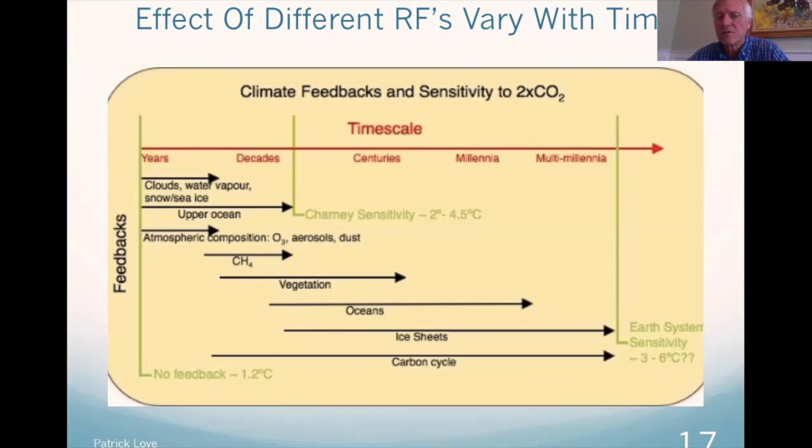Vegetation on the Earth takes a long time to change its nature, move to a place where it's comfortable, if I can say it that way. We know that things move around the Earth based on temperature. Plants adjust. The ocean circulation takes maybe thousands of years. The ice sheets take many thousand years. And the carbon cycle adjusts over an even longer time frame, right?